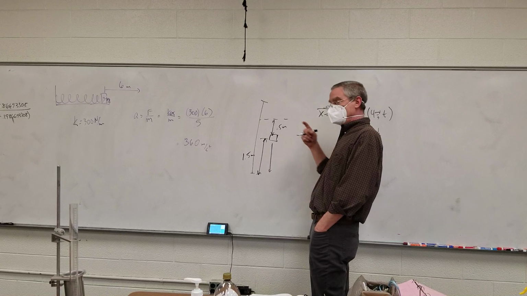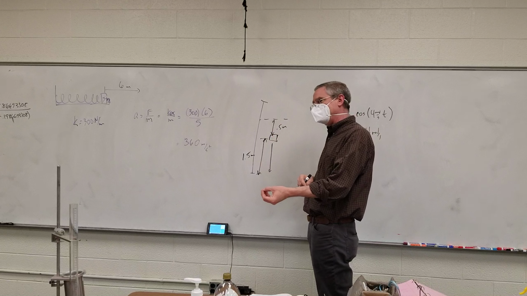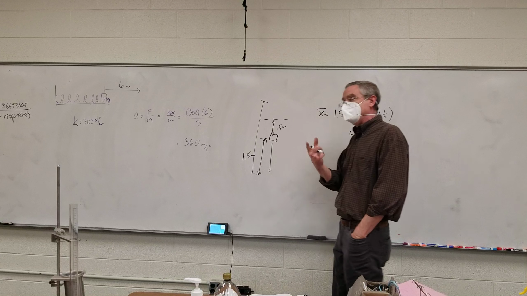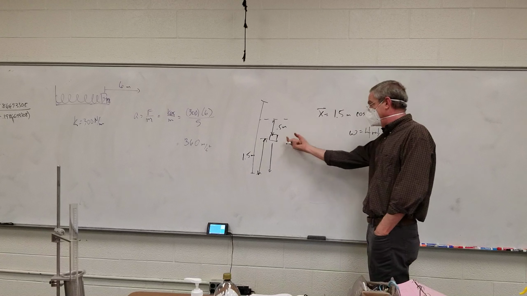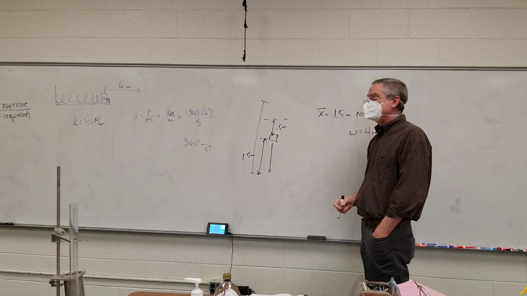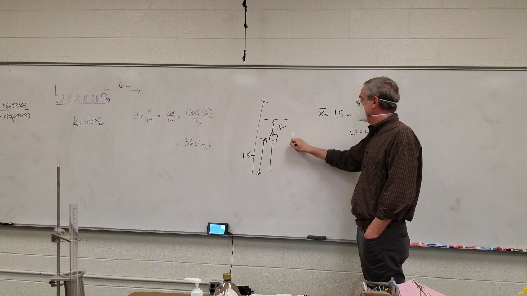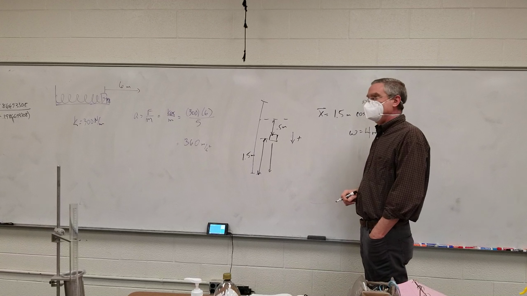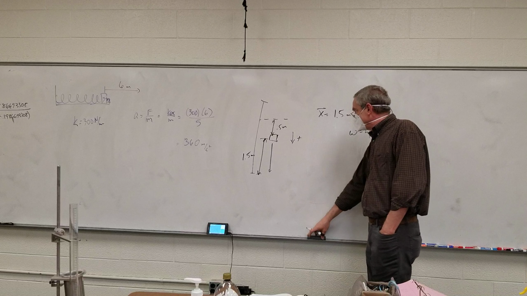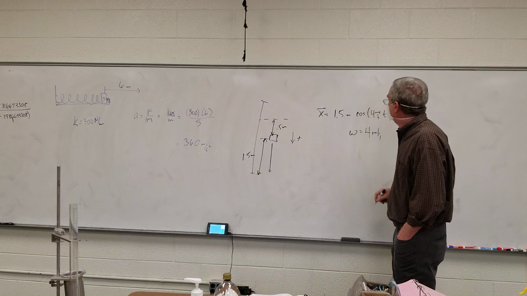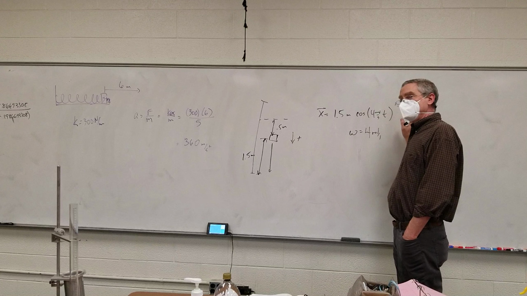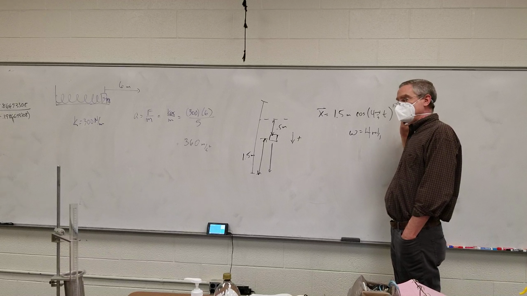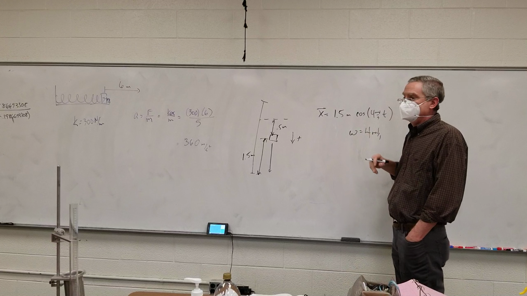Yes. So you made down positive, since I initially stretched it down. 0.85 is positive, so down is positive. It's a one-dimensional problem, so I don't need a unit vector here, no i hat or j hat. I can get away with just plus or minus.